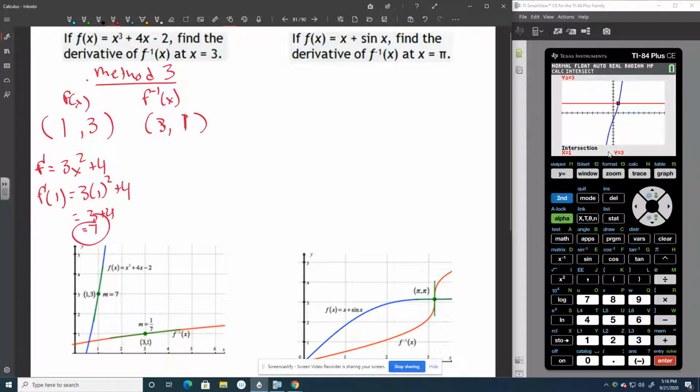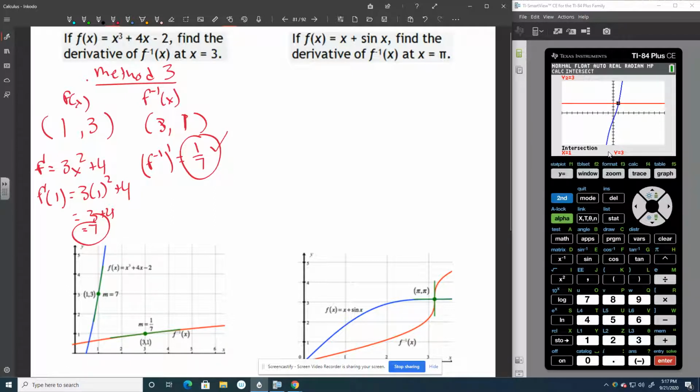So if the slope at (1, 3) is 7, then my inverse function at (3, 1) is the reciprocal of that. So the inverse derivative is going to be 1 over 7 at that same point. So my derivative at x equals 3 of my inverse function is just 1/7.